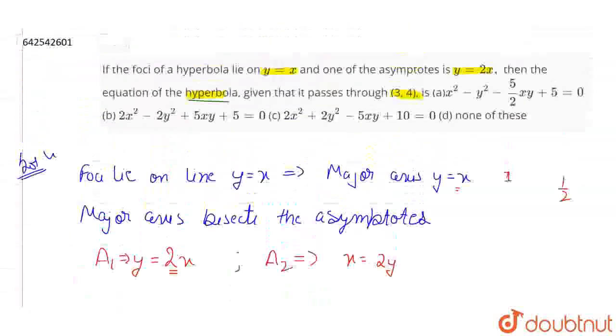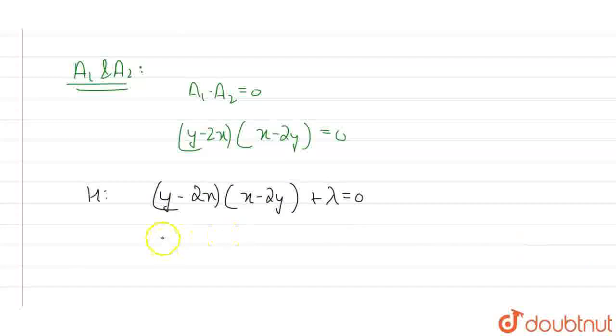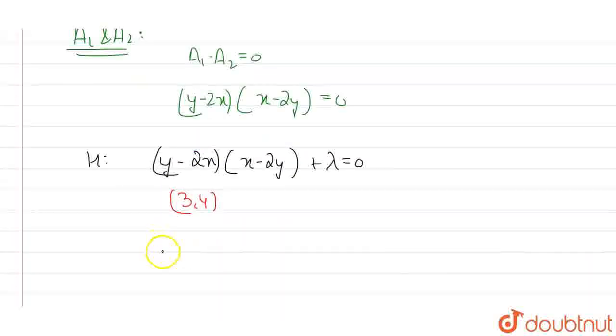What is given in the question is that this hyperbola passes through the point (3, 4). It means that (3, 4) satisfies the hyperbola equation. If I put the values of 3 and 4 in x and y respectively, we can easily find the value of lambda.